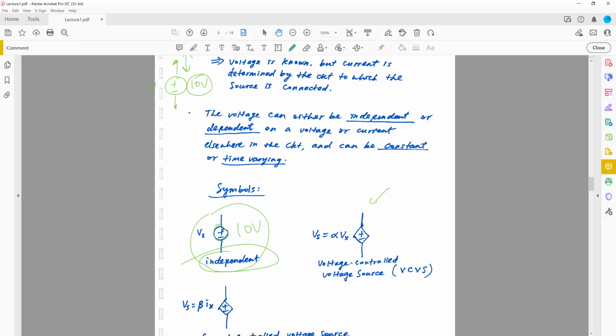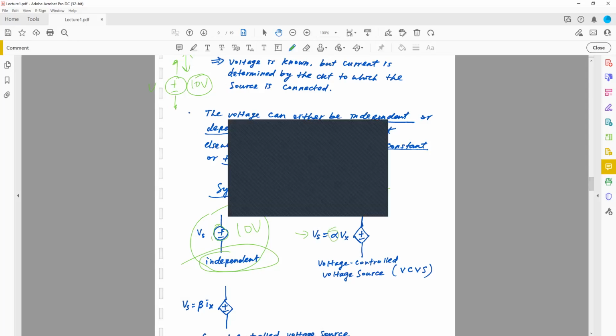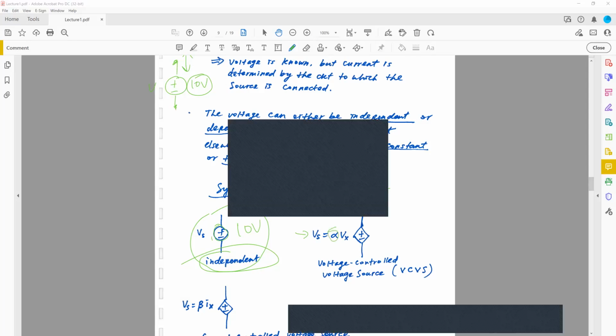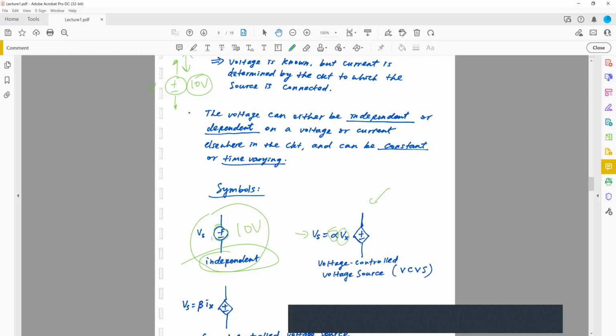But of course, what's in common is that you always have this polarity that you have to specify, plus here and minus there. You always need that, but the shape is different depending on whether you have an independent or dependent voltage source. As an example, I have Vs. This Vs is equal to some alpha times Vx.